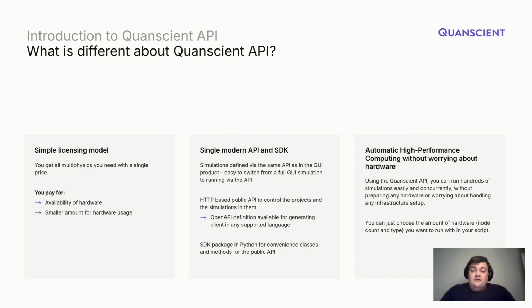Then we have a modern API and SDK currently built with Python, but we have implemented it as a generic HTTP API, and we also support the OpenAPI definition, which means that you can generate a client for the API virtually for any language that is supported.